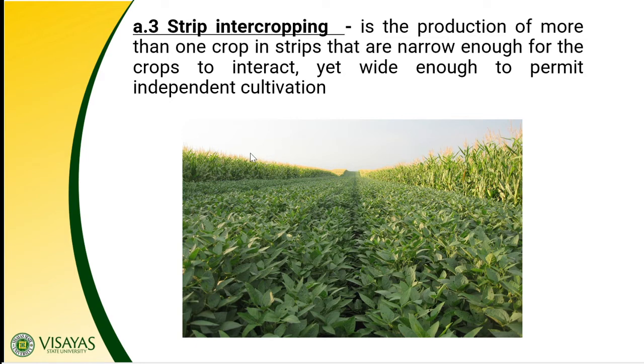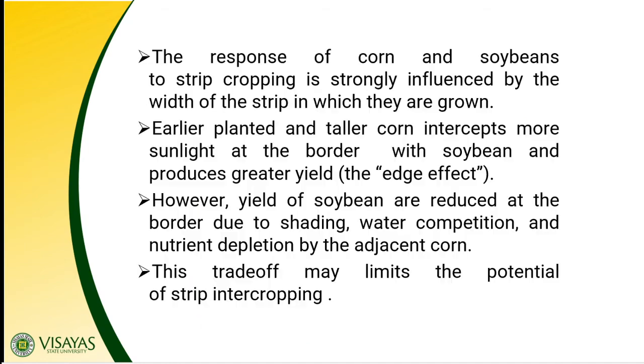You can also see on the other side that there is also corn being planted. There is a wider space occupied by the soybean, wide enough to permit independent cultivation. Actually, soybean and sweet corn.